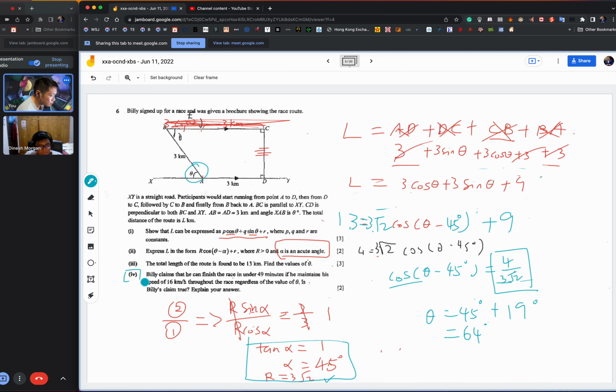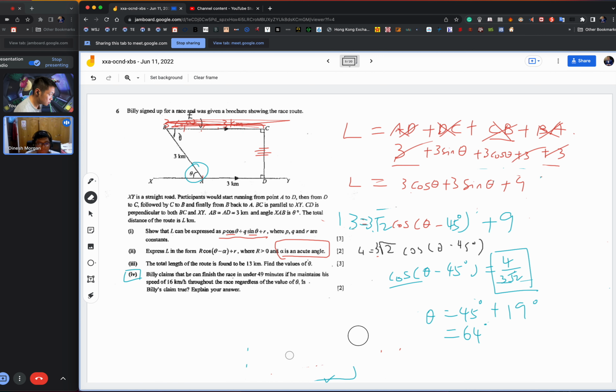Okay, then last part. What do you think? But hold on. Let's continue to get the other value. So for cosine to be positive, we have theta equals alpha, which is region A. So the other one is what? The C region, right? Theta is equal to 360 minus the basic angle. So that means 360 minus 19. What is that? So it's 300 and something, right?